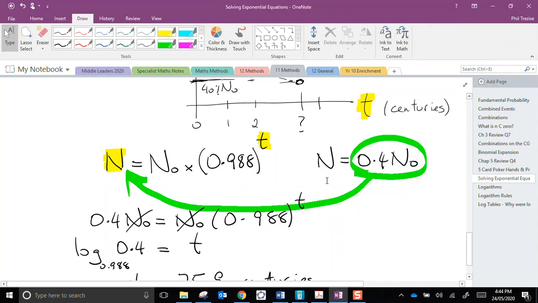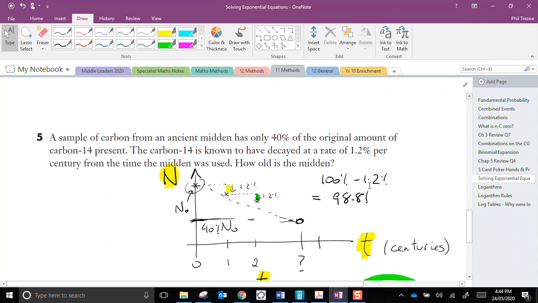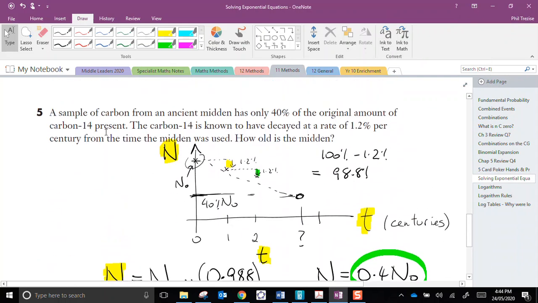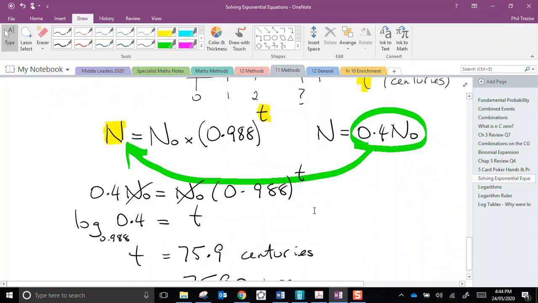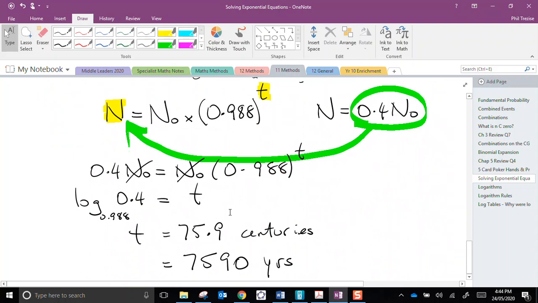So that is a nice little example of an exponential equation involved in a lovely problem solving scenario. And this is exactly the sort of thing that archaeologists look at when they find an ancient relic and they want to use carbon-14 dating to figure out how old it is. And that's exactly the mathematics they would use. I hope that helped. Thanks for watching.